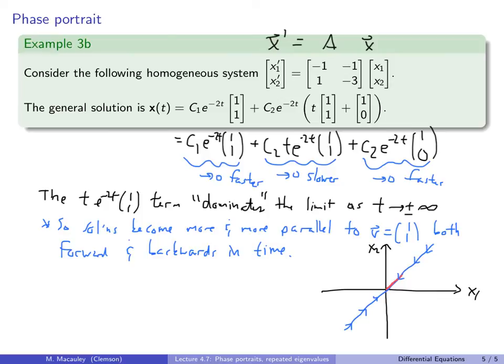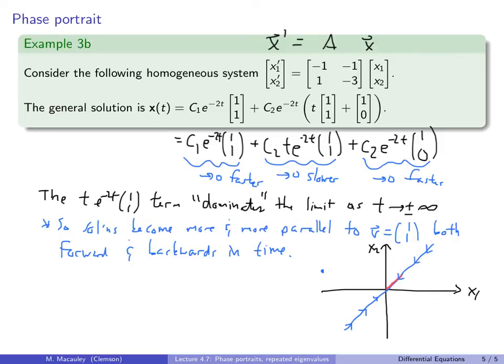So we have some solution. What about the solution that goes through this point right there? What happens? Everything's going to approach the origin, but does it do it like this, or like this, or like this? Whatever happens, as we go forward in time, the solution becomes parallel to this line. It might do something like this. As t gets bigger and bigger, the solution is becoming closer and closer to this line.